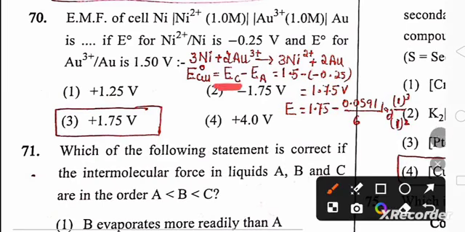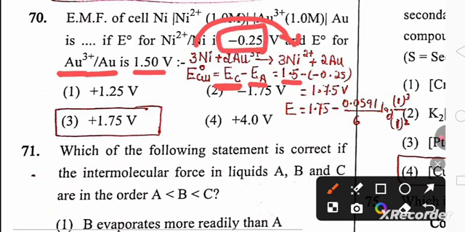That is, gold ions will migrate towards the cathode and gain electrons to convert into gold. So the electrode potential is 1.5 minus, the electrode potential of anode. Anions will migrate towards the anode, so at the anode there is oxidation. Oxidation occurs here for nickel, it is losing electrons. So for nickel the electrode potential is minus 0.25. When you calculate, you will get a standard electrode potential of 1.75 volts.